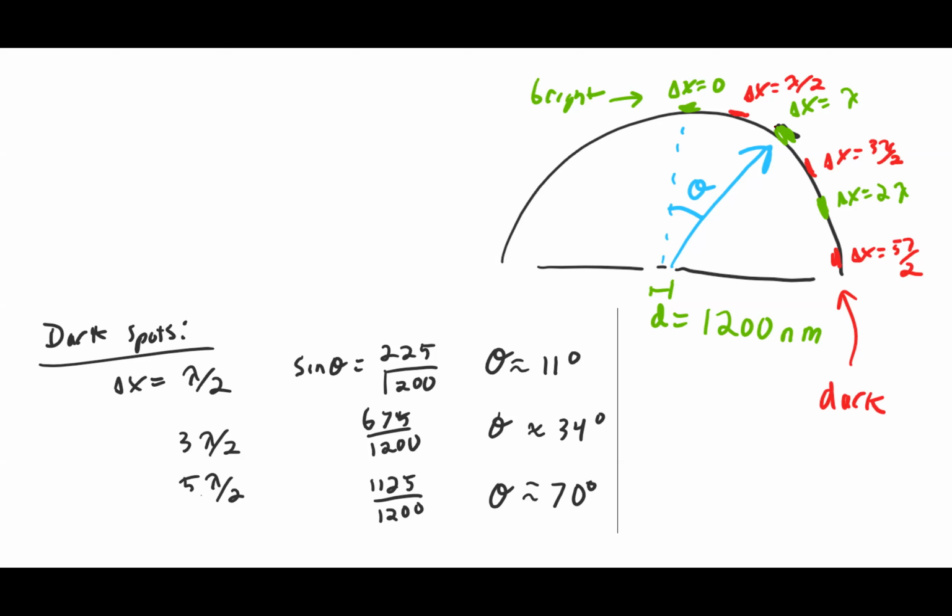And I know I've got the central bright spot, and then on each side I've got 2 more, and that's it. I don't have a third bright spot to the right of my last dark spot because that path difference was too big.